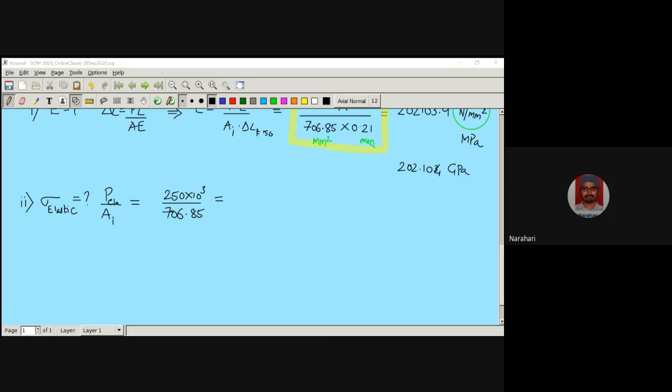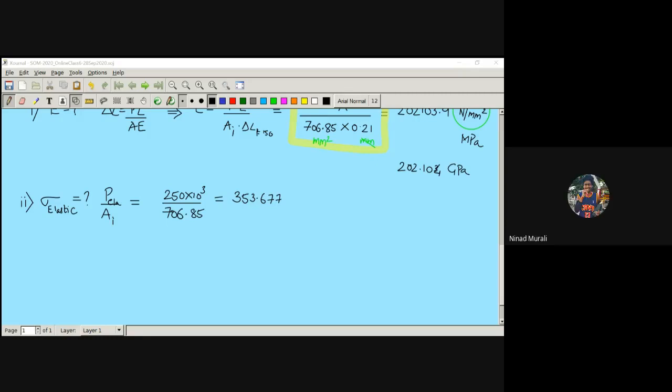Who can tell the answer? Shashank is telling 353.681. One second. 353.677. The moment you tell some number, you have to accompany it with units, unless there are no units to that number.